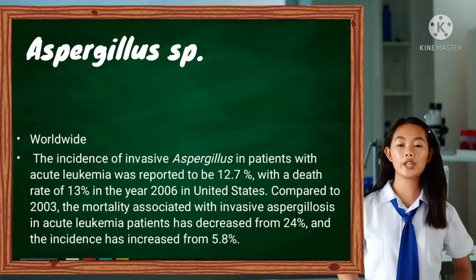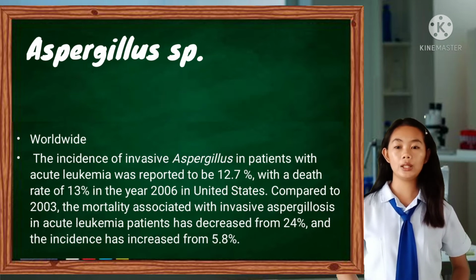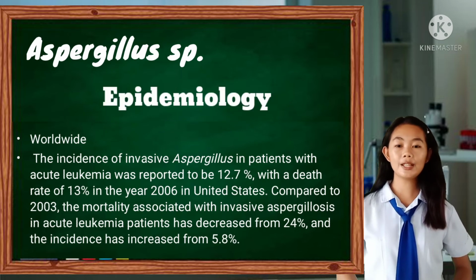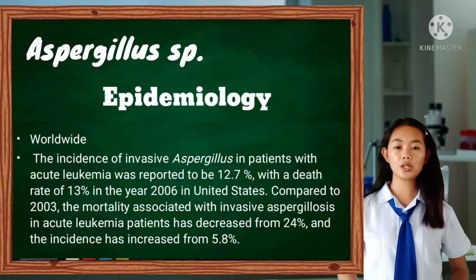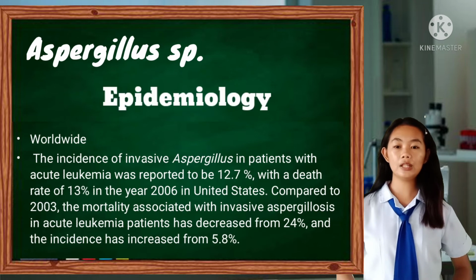Invasive infections caused by Aspergillus sp. have been associated with high rates of morbidity and mortality, especially in immunocompromised individuals such as transplant patients. The incidence of invasive Aspergillus in patients with acute leukemia was reported to be 12.7%, with a death rate of 13% in the year 2006 in the United States.